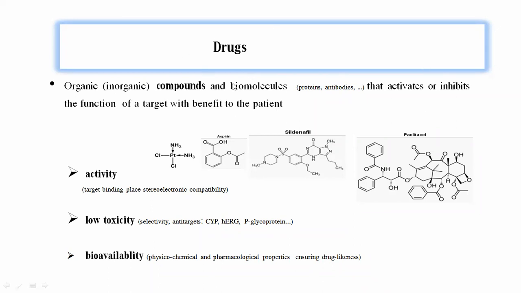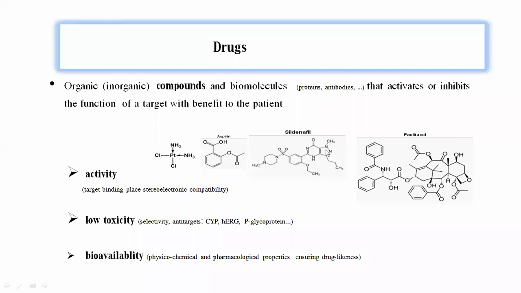So these compounds, organic, inorganic or biomolecules, either activate or inhibit the function of a target cell for the benefit of the patient. What is the benefit to the patient? He is going to be cured or treated for that respective disease.